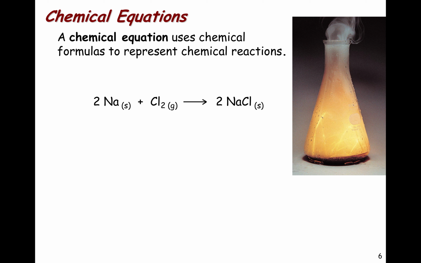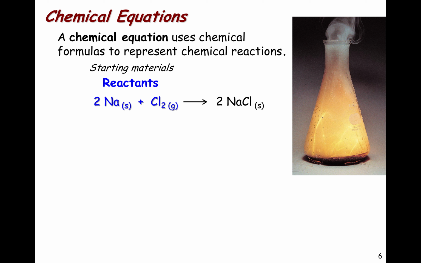So, for example, we see here a chemical reaction in which the element sodium, which is a solid at room temperature, is reacted with gaseous chlorine, providing a chemical reaction that produces the compound known as sodium chloride, which happens to be a solid. As you see on the right, this is a pretty exothermic kind of reaction, producing both heat and light as a result of the transformation.